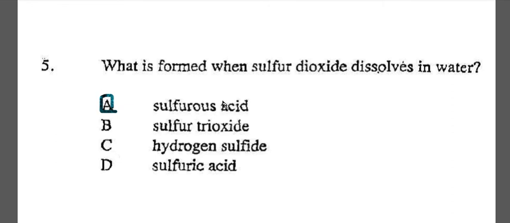And sulfuric acid, we can make from sulfur dioxide, but for that we have to react sulfur dioxide with oxygen. After reacting with oxygen, it will be converted to sulfur trioxide, and if we dissolve sulfur trioxide in water, then sulfuric acid will form. But it is also not formed by this direct reaction.